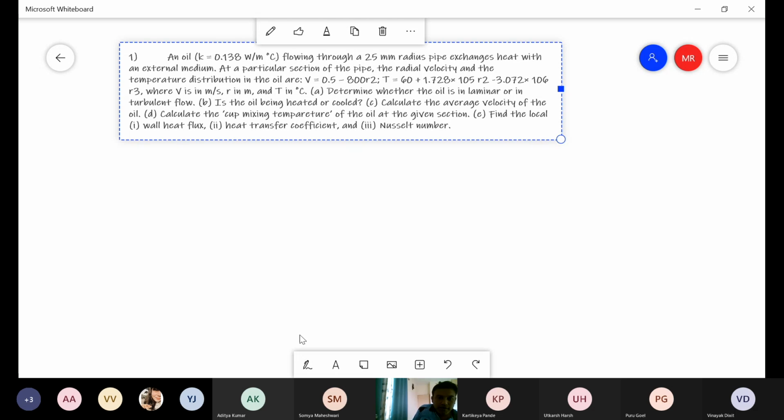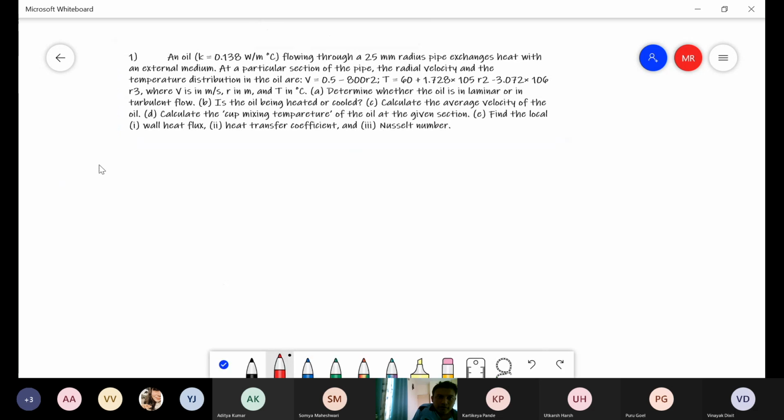Okay, so what has been given here is radius r naught is given as 25, so that can be written as 0.025 meter.